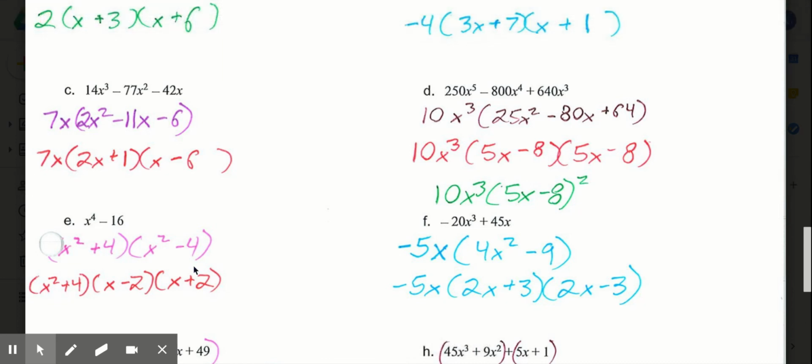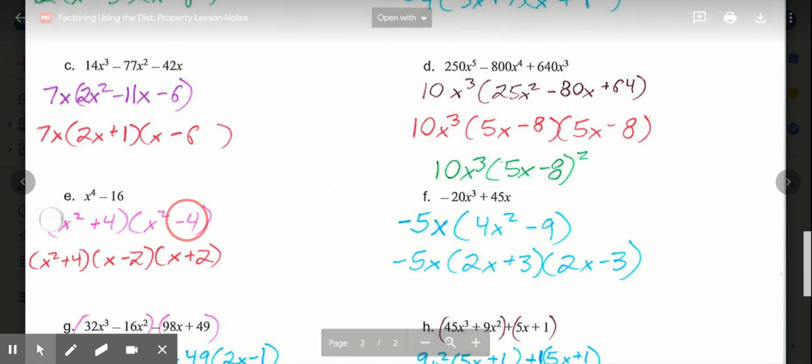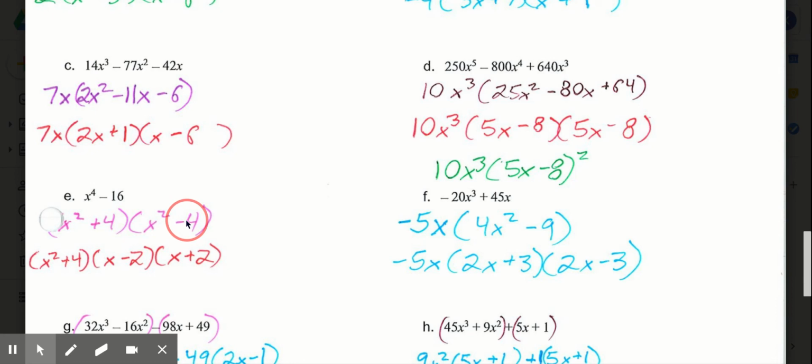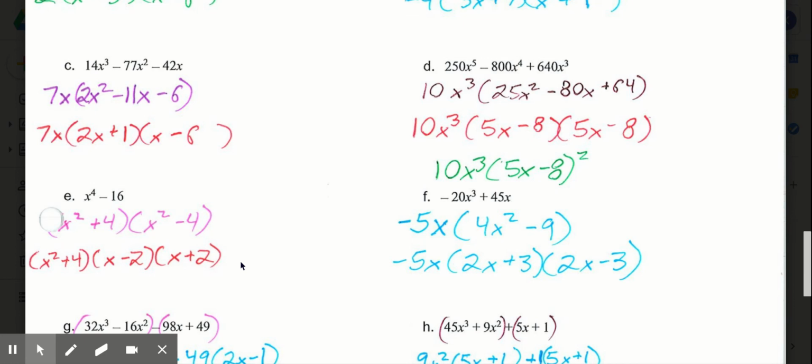Now, x squared plus 4 can't be factored any further. X squared minus 4 is still the difference of 2 squares. So if I square root both of those, I get x minus 2 times x plus 2. So in this case, it went difference of 2 squares and then difference of 2 squares again.